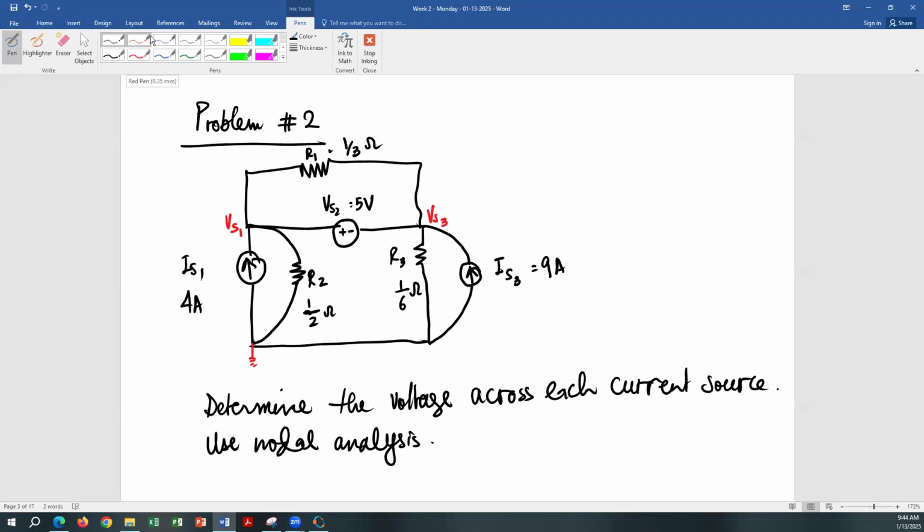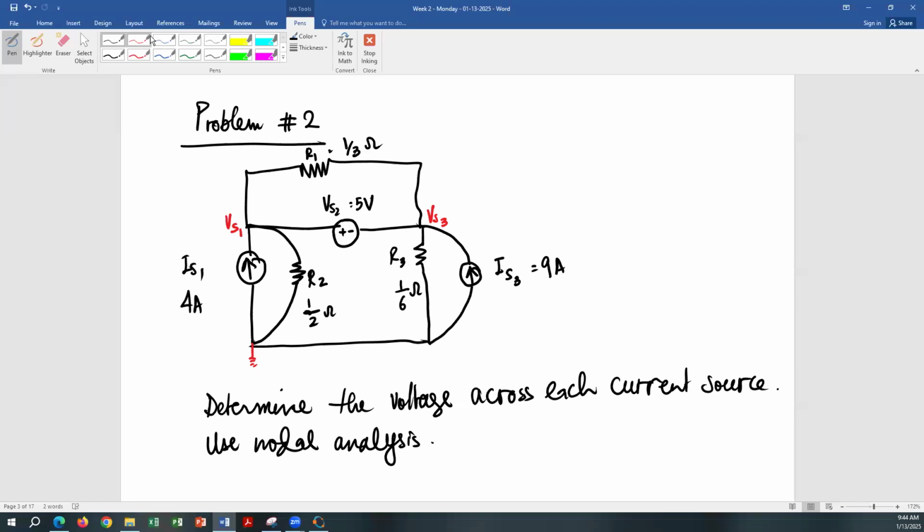Now, if I give you this problem and I don't specify which method you have to use, which method would you prefer? Okay, mesh analysis, so that we know the current in those meshes. So we have two loops or two meshes, the middle one and the top one.